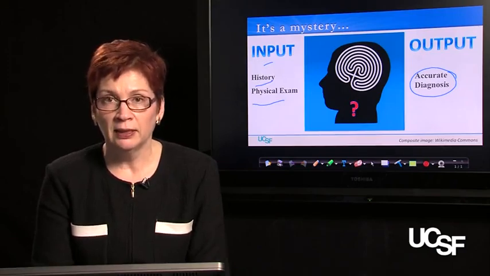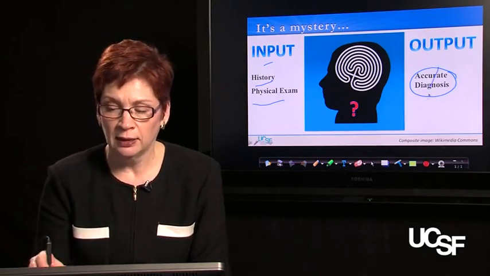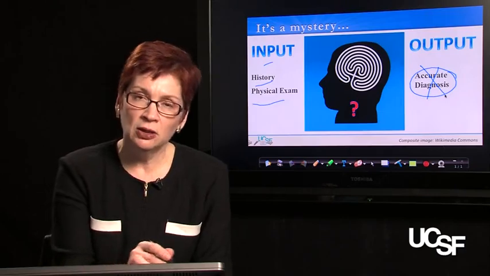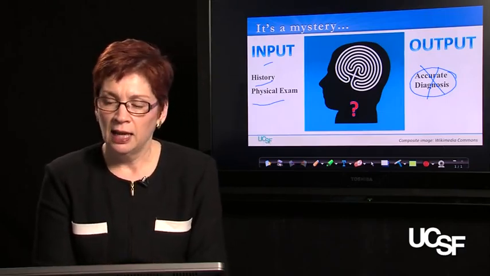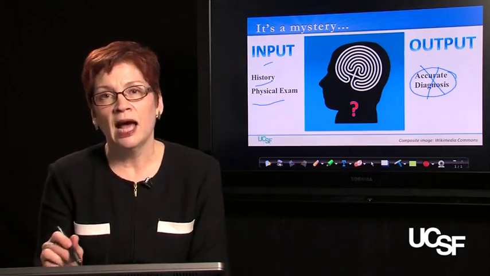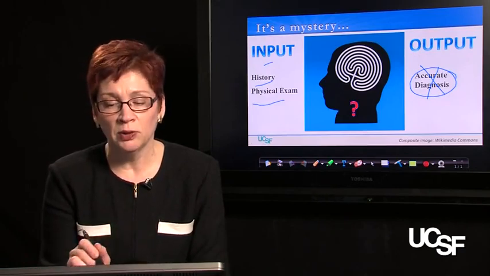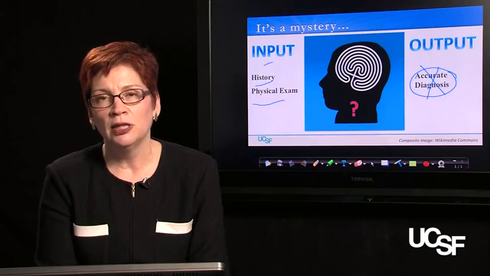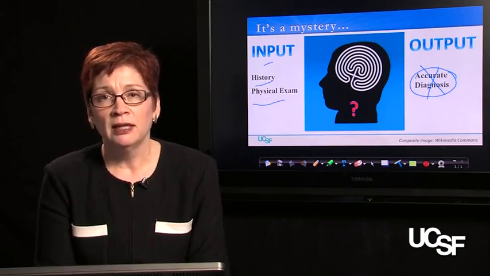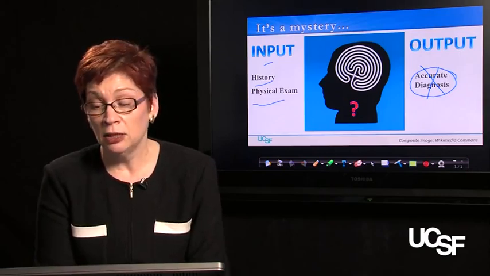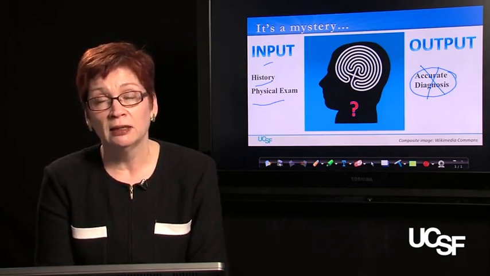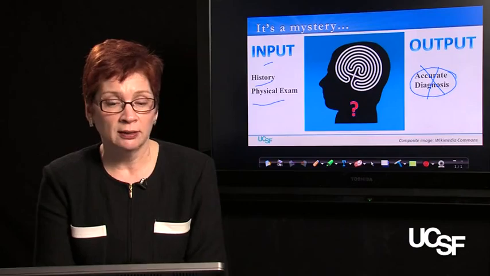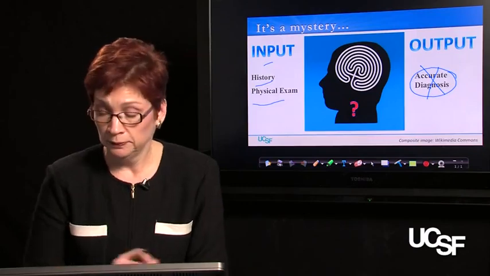Perhaps even more problematic is what happens if you get the wrong diagnosis? What happens if I hear you take an accurate history and physical and you come up with a wrong diagnosis? How is it that I can go back and help you work your way through a logical strategy for problem solving that will make it likely that you obtain the correct diagnosis not only for this case, but that you learn to do so for subsequent cases? That's the focus of our work.